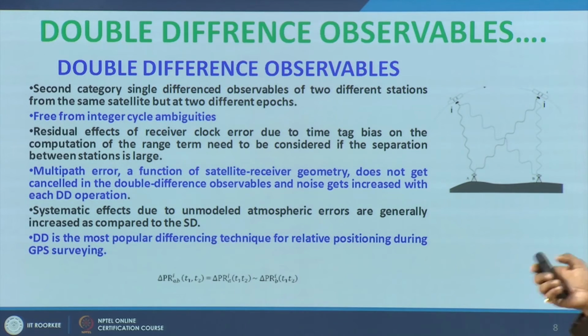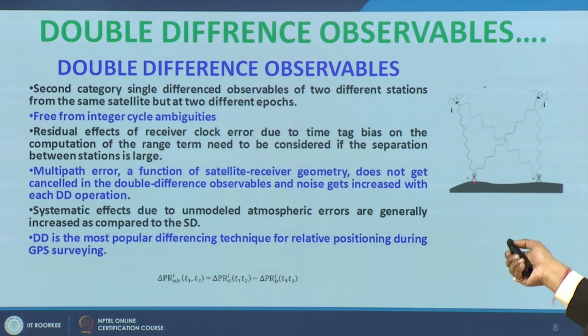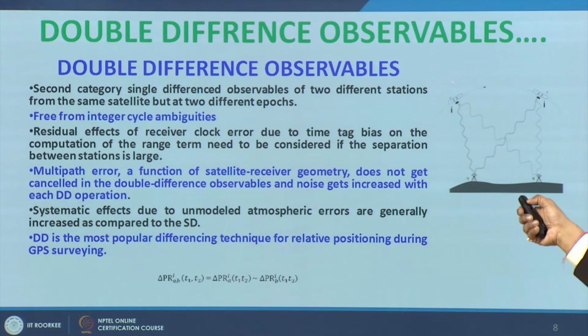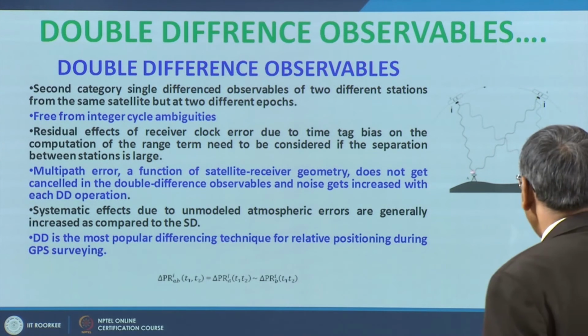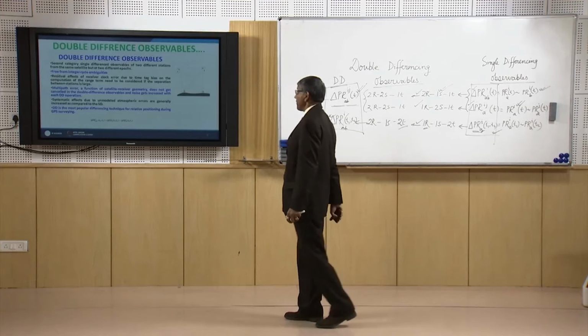So that is the second category: single difference observables at two different stations from the same satellite, at two different stations but at two instants of time. So during T1 the satellite I was here, during T2 the satellite I was here, and the observables from that we will be taking from this receiver and this receiver, and then we will take the difference.